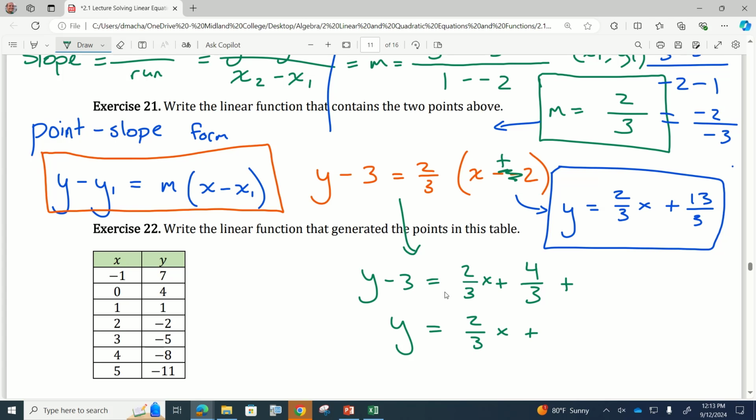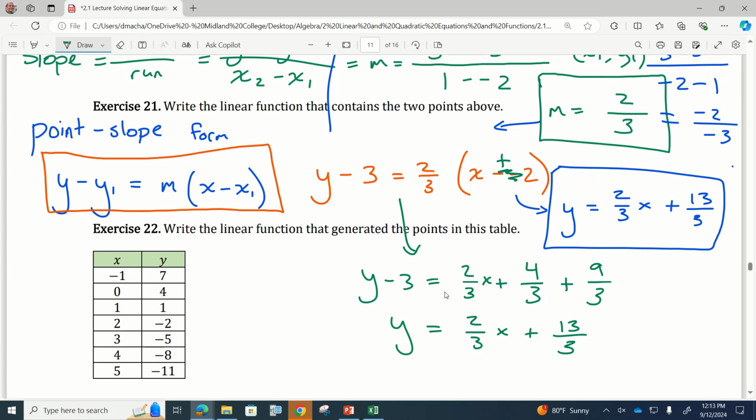On the left side, adding 3 cancels out the -3. And on the right side, when I add 3, I'm going to add 9/3. 9 divided by 3 is 3, so I'm adding 3. But the reason I'm choosing to do 9/3 is because I'm trying to add this to 4/3. And then I can just say 4 plus 9 is 13/3.